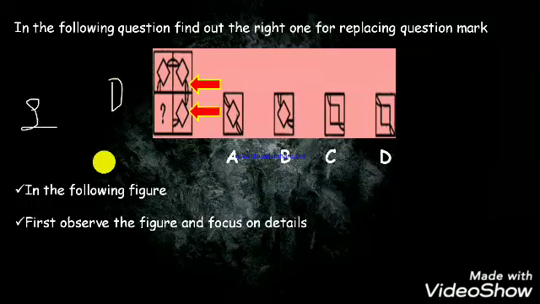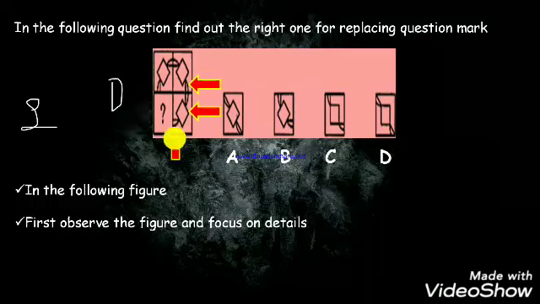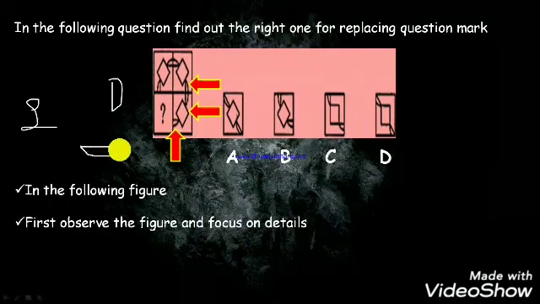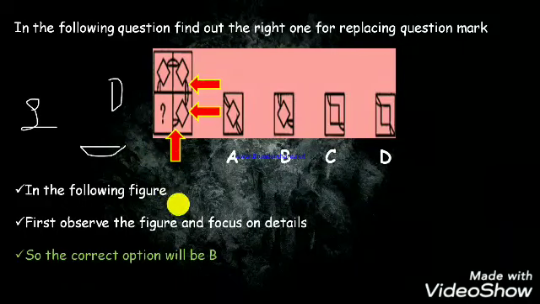Now the next thing that you need to observe is the shape that will also be made here in the place of the question mark. Then the option that should be present also here, like this. So the correct option will be B.